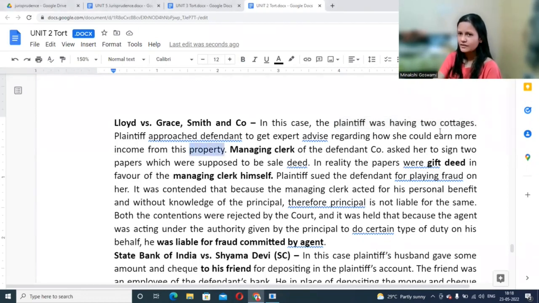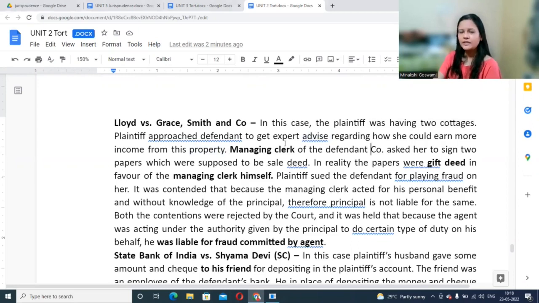She did not have enough knowledge on how she can earn profit from this property. So she thought that she would go to this agency and take their advice, because they are professional people. She would take their advice to maximize her profit.